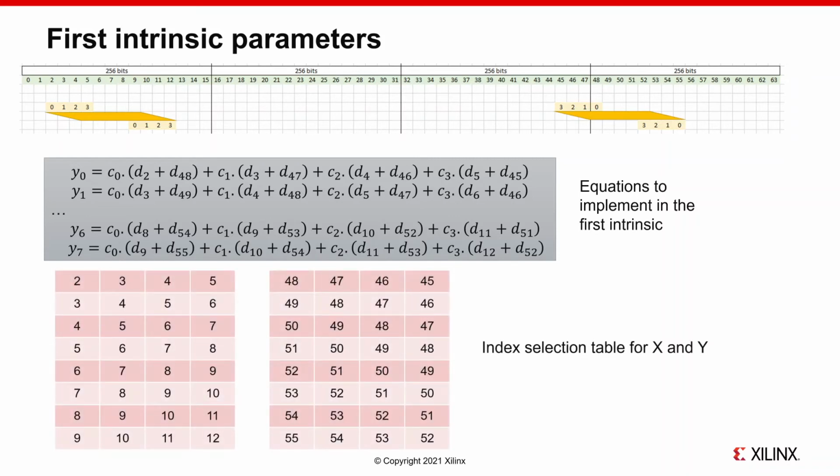The index selection tables for X and Y are the following: 2, 3, 4, 5, and 48, 47, 46, 45 for lane 0; 3, 4, 5, 6, and 49, 48, 47, 46 for lane 1, etc. We will determine the selection parameters using the first 2x2 cells of both tables.